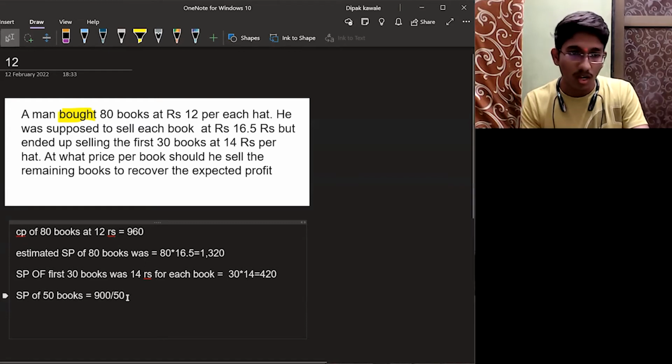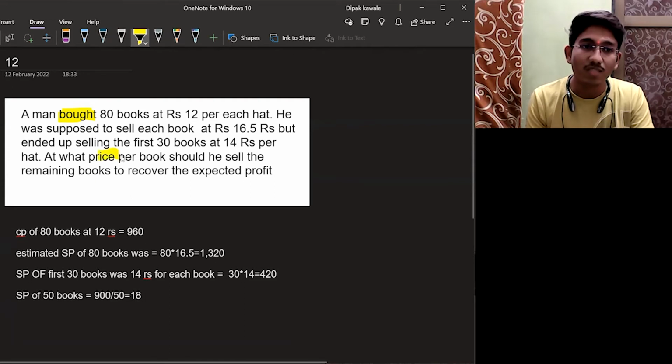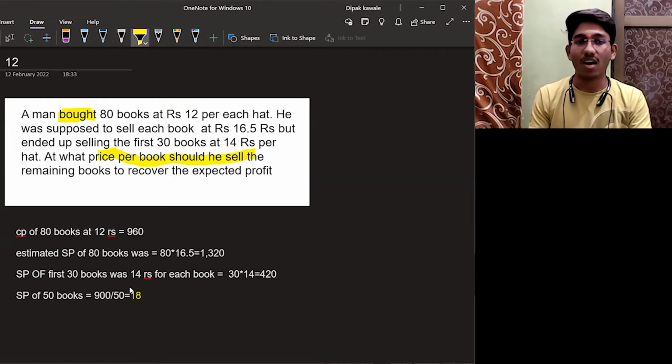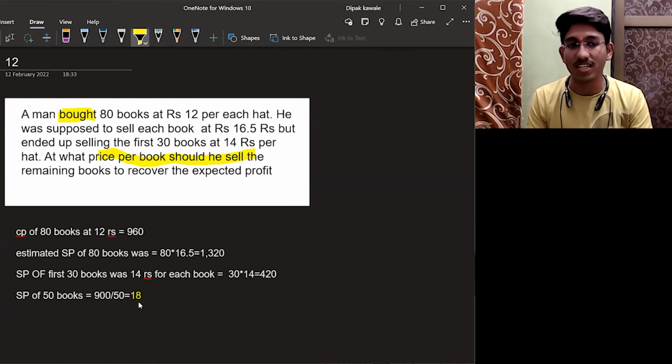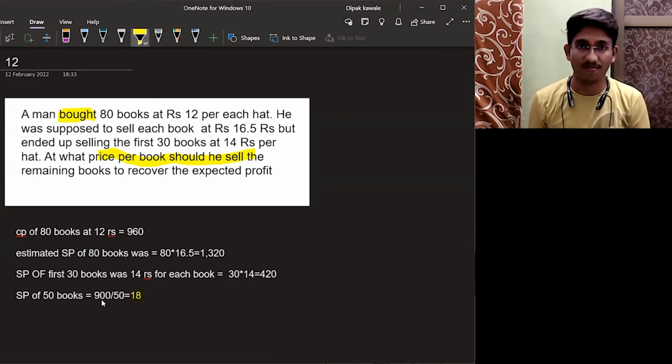So this 0 and this 0 cancel, 90 by 5 is how much? 18. So this is my price per book that he sells. This is my answer. Students, this is how everyone solves.